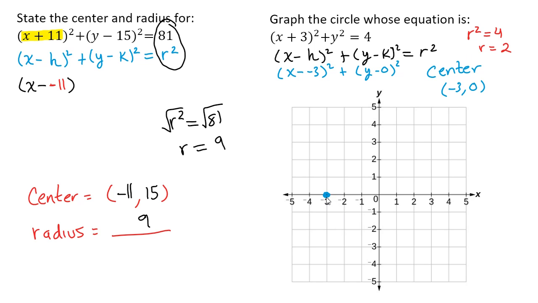That means that from the center, in every direction, I go 2 units: to the right 2 units, to the left 2 units, down 2 units, up 2 units. Then you make a sketch of the circle the best way you can. Use a compass or whatever tool you may have. That would be the representation of the circle whose equation is (x plus 3) squared plus y squared equals 4.